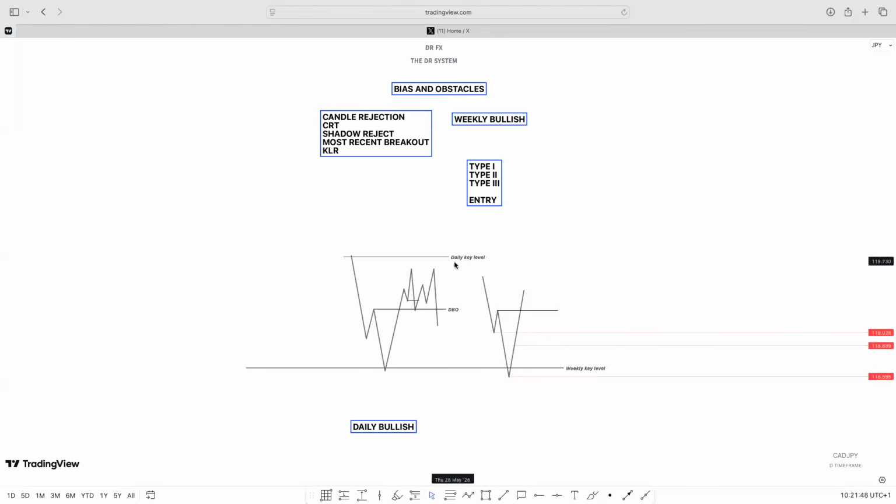And also, don't forget, when we are bullish, remember obstacles. Obstacles are going to cause pullbacks, right? When the market hits them, the market is going to pull back. It can even give a change in storyline, which is not what you are interested in because the weekly is bullish. And then you're free to still continue taking a buy.